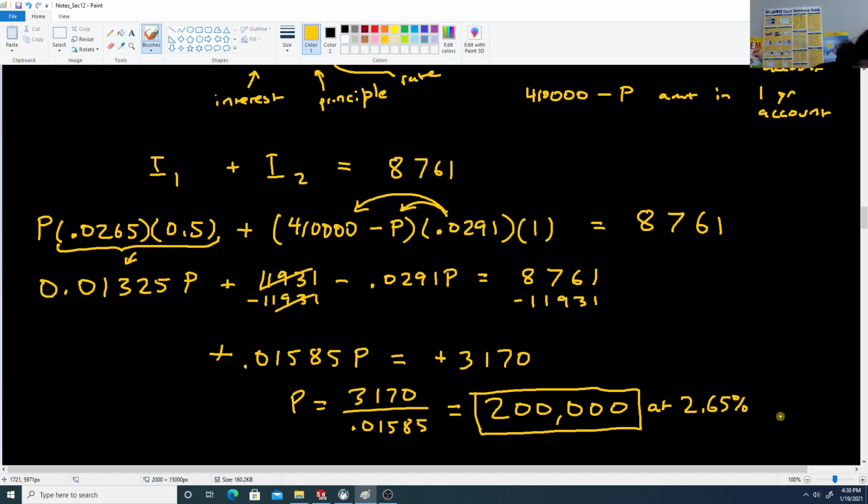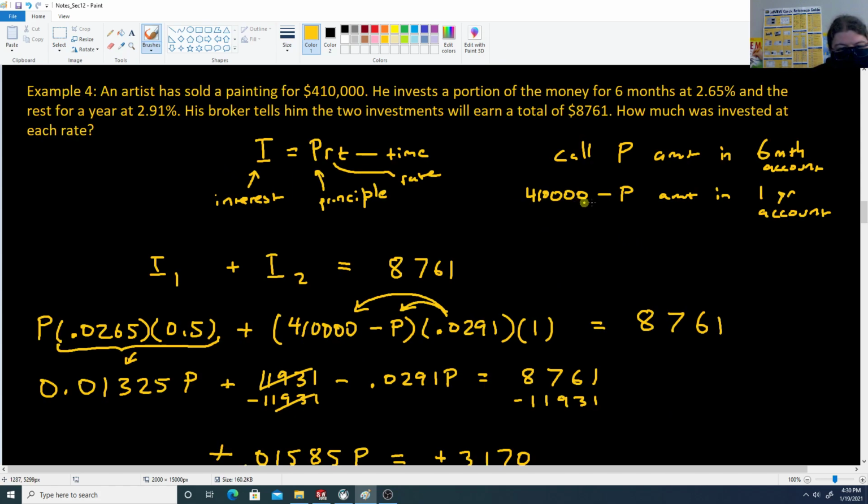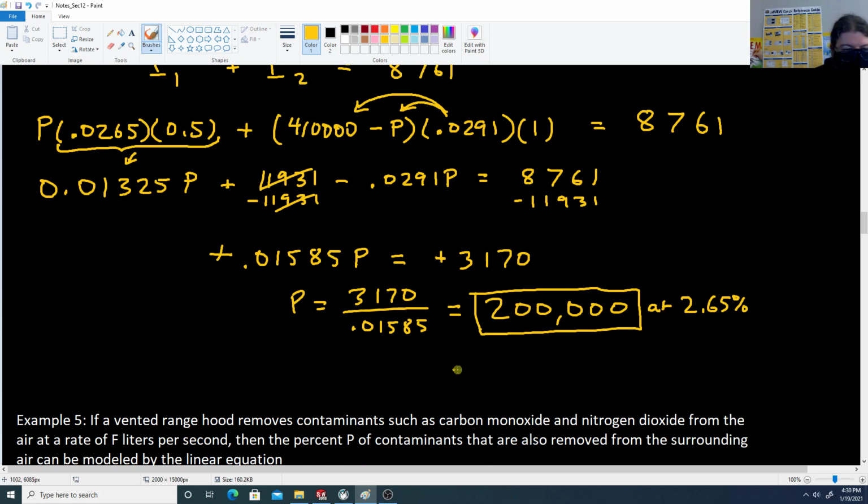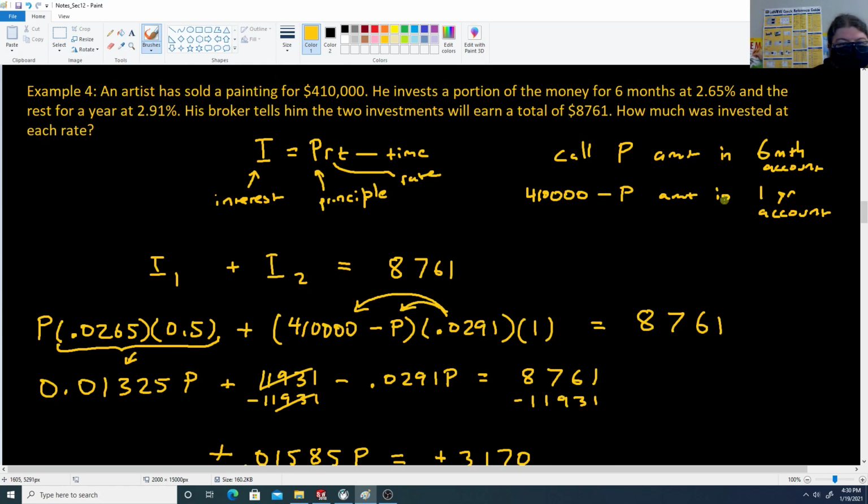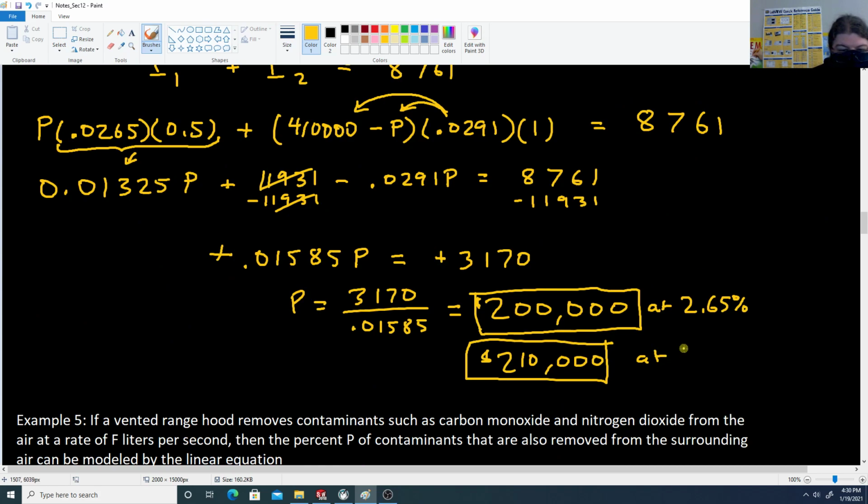Therefore, if $200,000 is at 2.65%, then $410,000 minus this amount, the other $210,000, would be at 2.91% for the other one. Okay. So we got the amount that's invested at each interest rate.